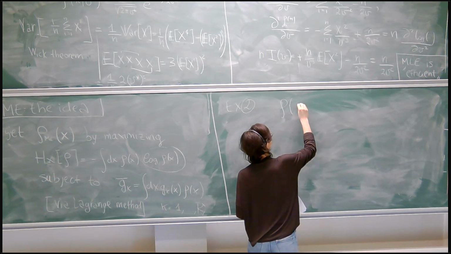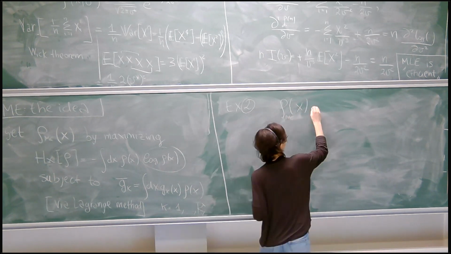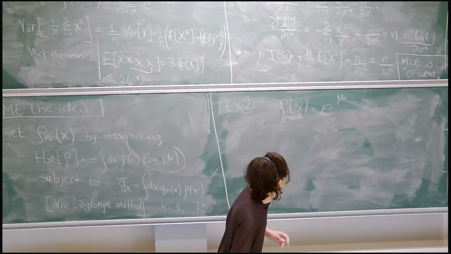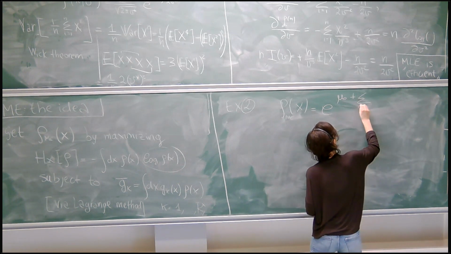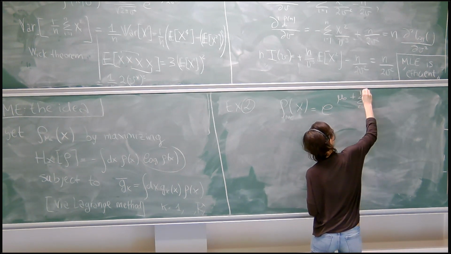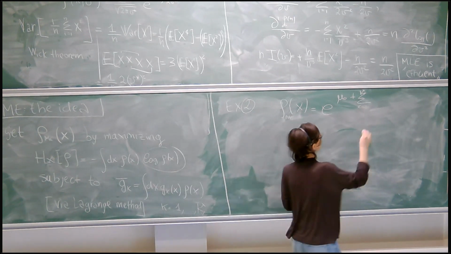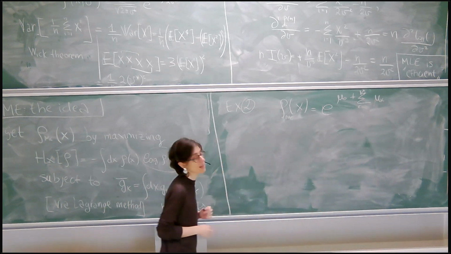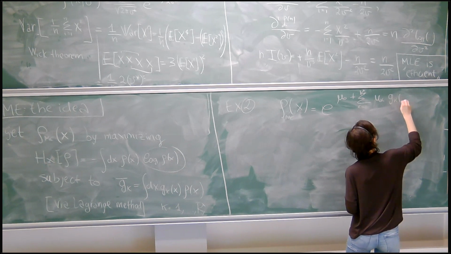So you get a distribution rho of x, which you can write as e to the some constant, which accounts for the normalization. And then you have a sum over all your constraints, so from 1 to capital K, sorry, of some parameters, which are your Lagrange multipliers, as we will see, times the function itself.